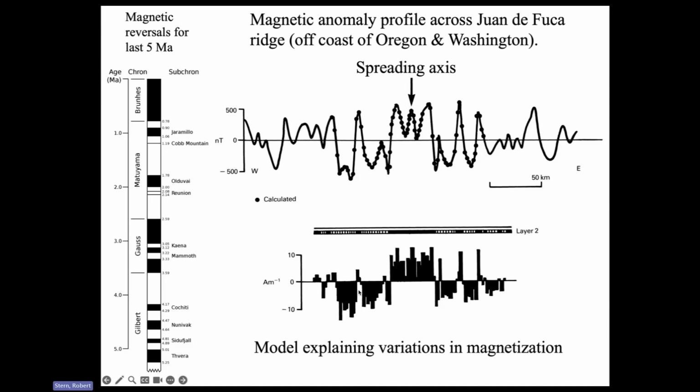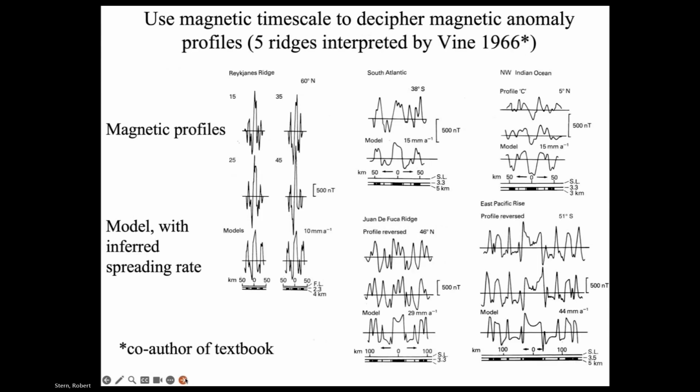This is going to be expanded or contracted depending on the spreading rate. So here we're using that magnetic time scale with the magnetic anomalies.